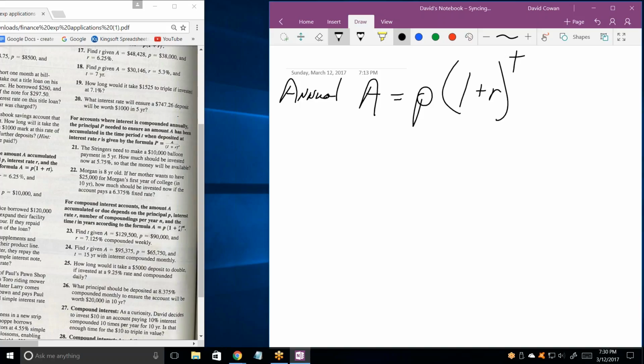Next. Yep, number 20. Okay, fill in the knowns. Okay, so let's see. They've given you 3 numbers. They've given you that number, $1,000, and 5 years. Would A be $1,000? That's the final amount.